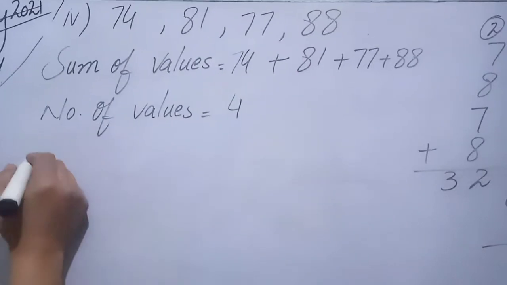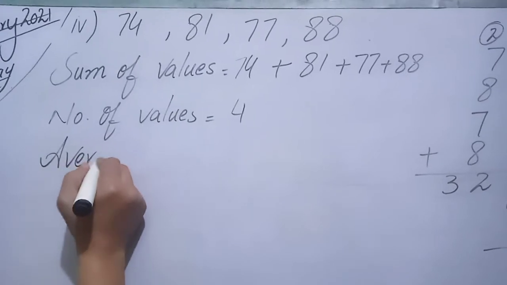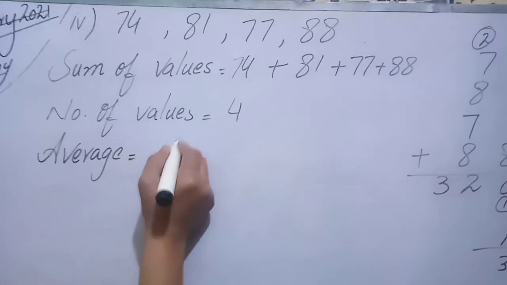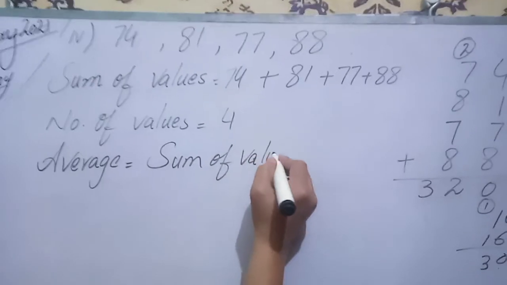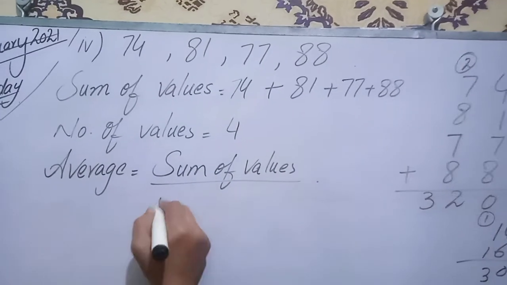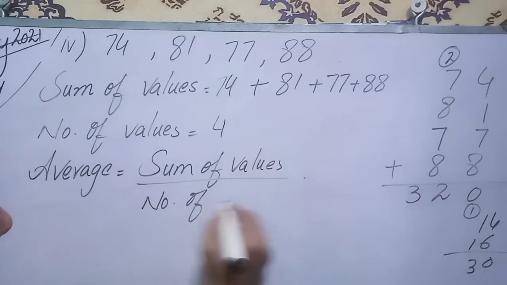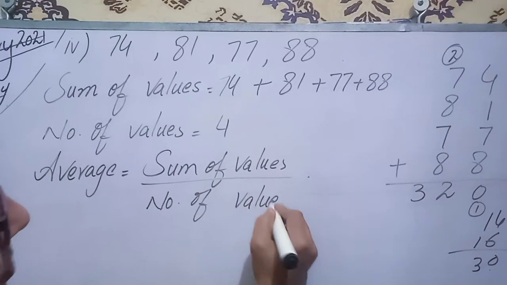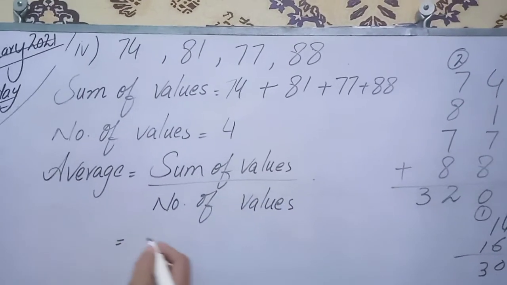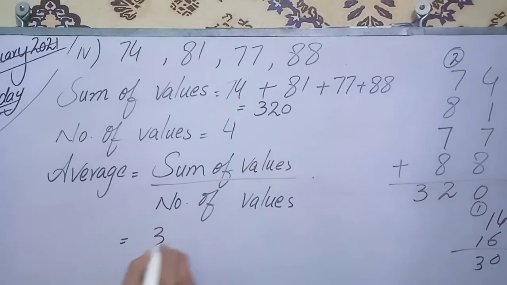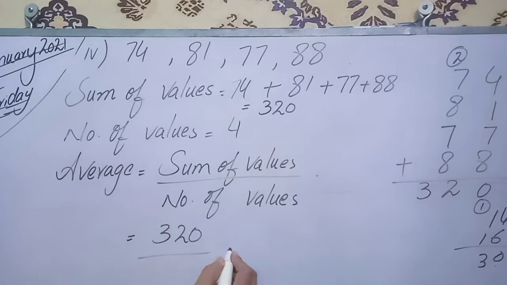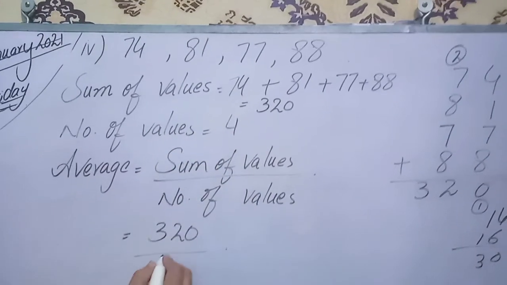Now we have to use here the average. Average is equal to sum of values over number of values. Now students, as you know, the sum of values given to us is 320. So I will write here 320 and the number of values given to us is 4.